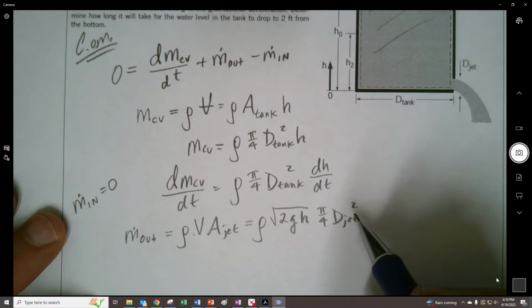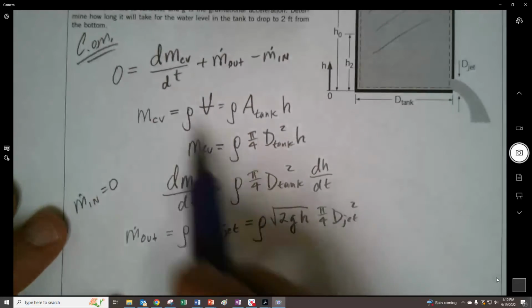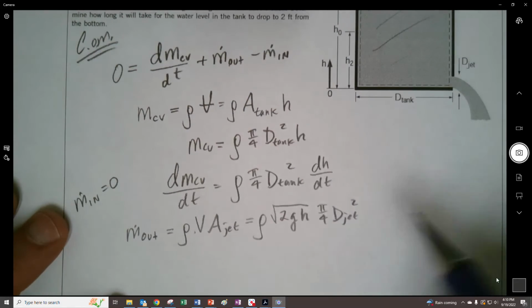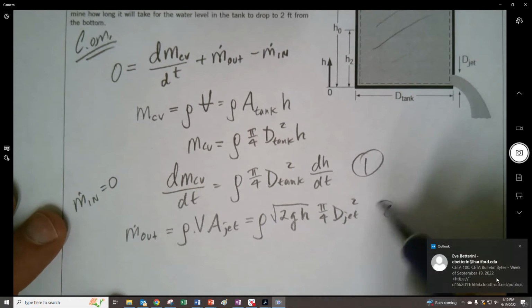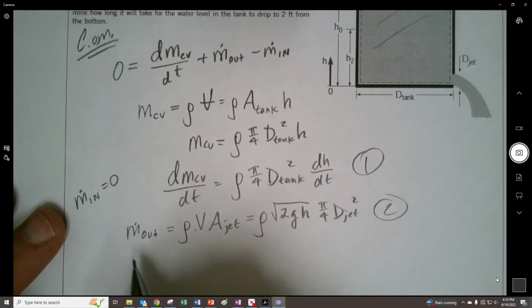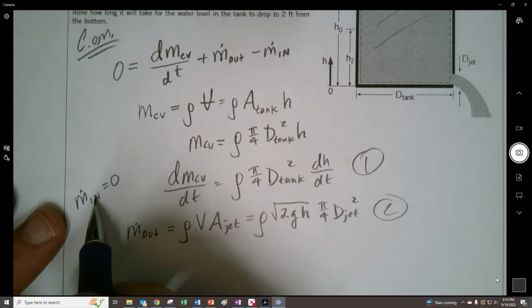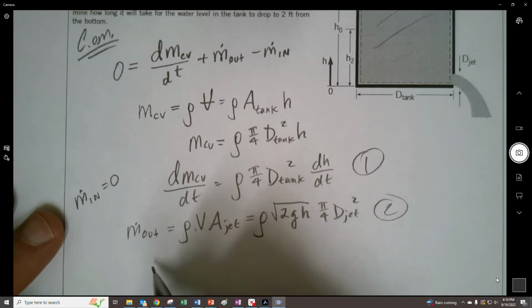I think I can start plugging things in. So I have this one and I have this one. Let's plug these back into this original equation. And we also have in is out. Is that okay? Yes, we're going to be fine there. We'll get the correct signs.